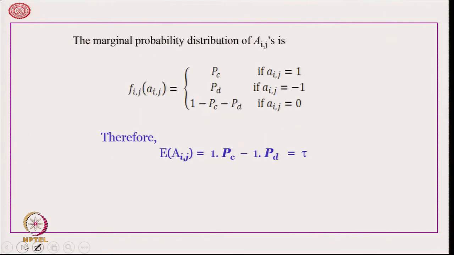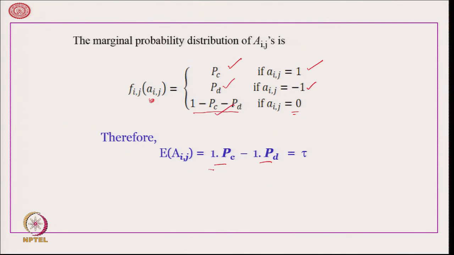Therefore, the marginal probability distribution of A_ij is: the probability that A_ij will take the value 1 is the probability of concordance, that is Pc. A_ij will take the value minus 1 with probability Pd, and A_ij is equal to 0 with probability 1 minus Pc minus Pd. Therefore, the expected value of A_ij is equal to 1 times Pc minus 1 times Pd plus 0 times this quantity, which we can ignore.